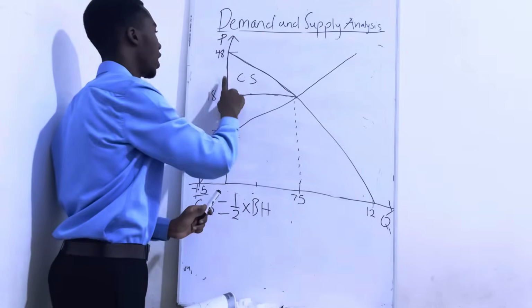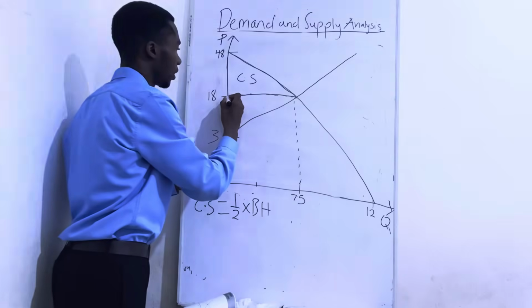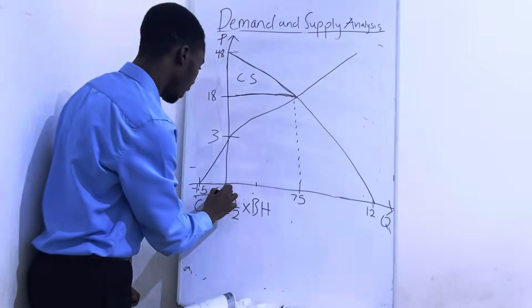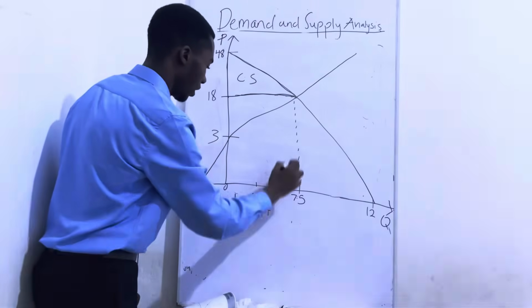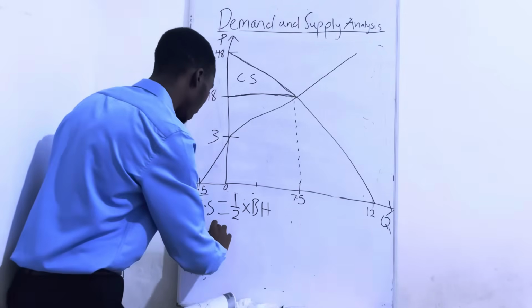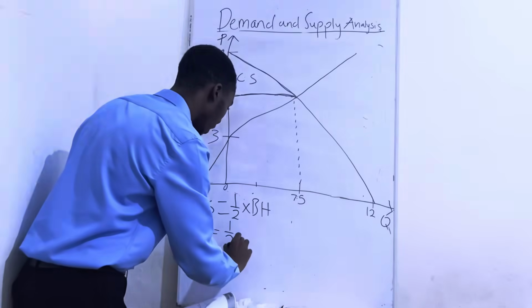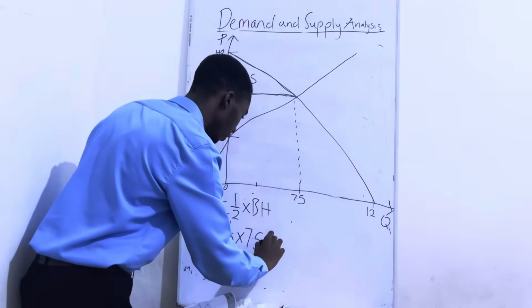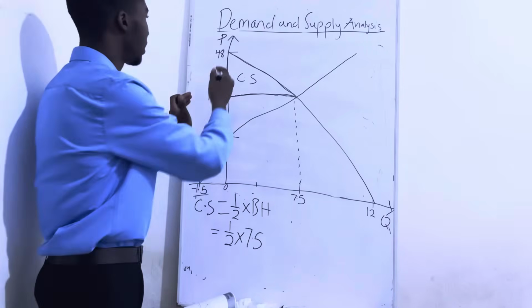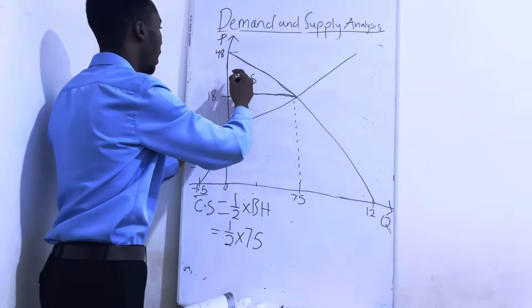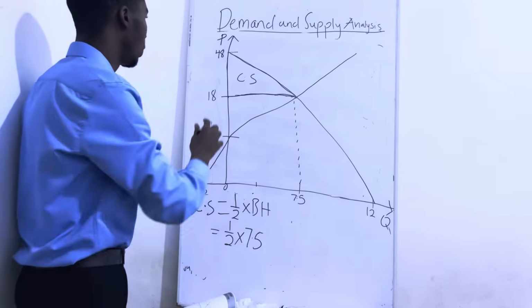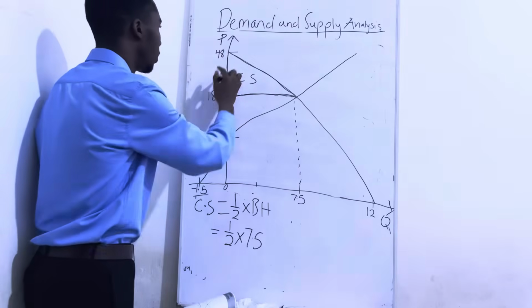When we take this triangle, this is the base, this side, from 0 to this side, so that would be 7.5. So we have 1 over 2 times the base, which is 7.5. Then the height of the triangle is from here to here, from 18 to 48. So we subtract 48 minus 18 to get the height.